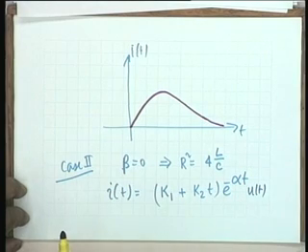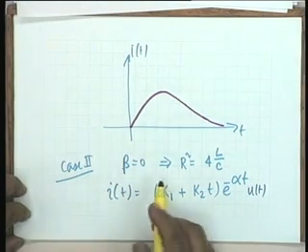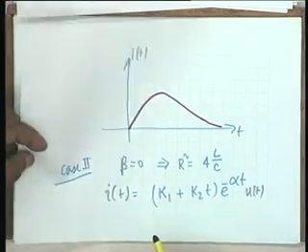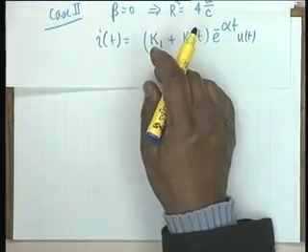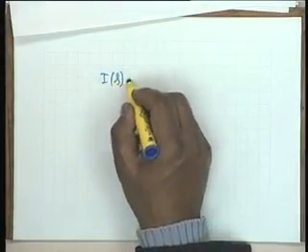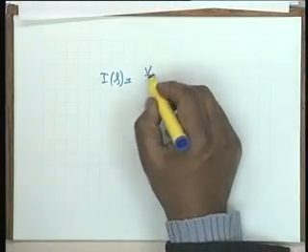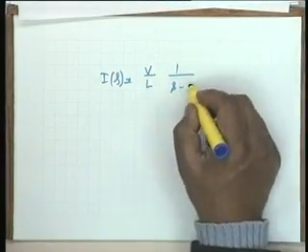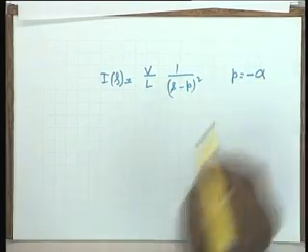Where are the initial conditions? How did we get this thing? Well, it is a differential equation, or you take the original I of s. Just a minute. I of s, let me check the expression, is equal to V by L, 1 by S minus P whole squared, where P equals minus alpha.